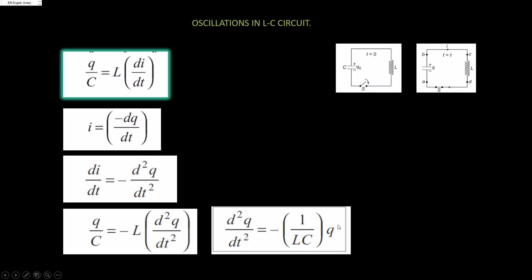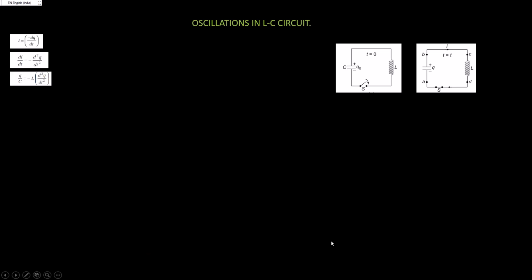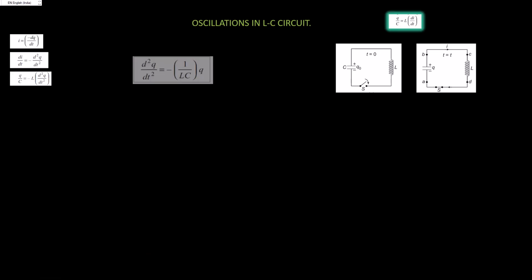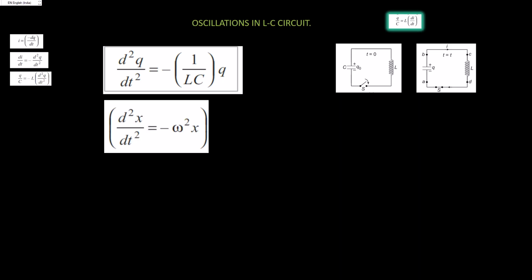This is the equation of a simple harmonic motion. So we compare this equation with the standard SHM equation d2x/dt2 equals minus omega square x. Comparing, we get omega equals 1 by root over LC.